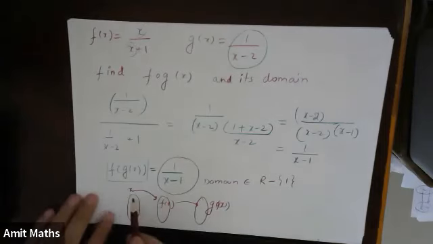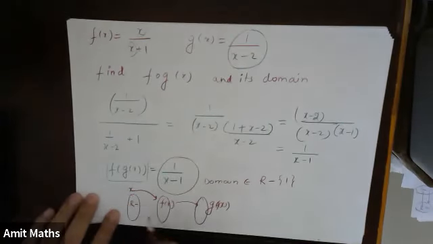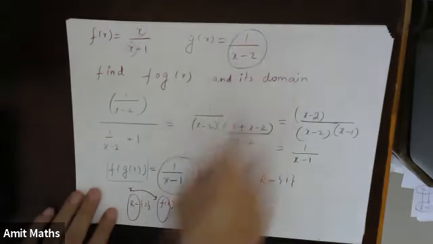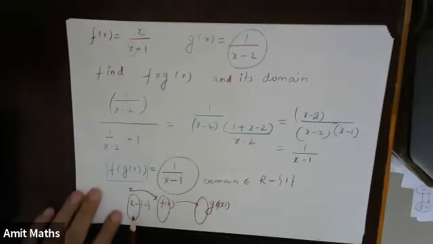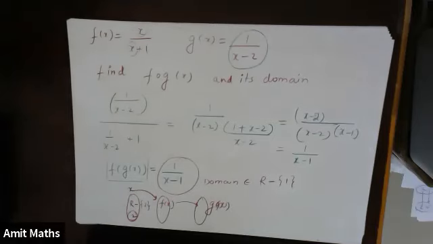Which values can x take? All real values minus 2. That means 2 will not be included. I cannot take 2 as a value of x. No matter what happens, I can never take the value of x as 2.